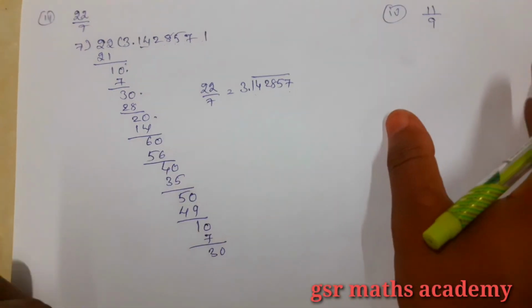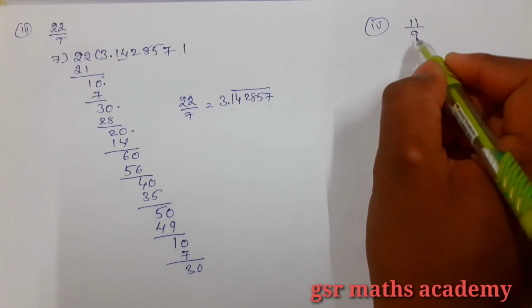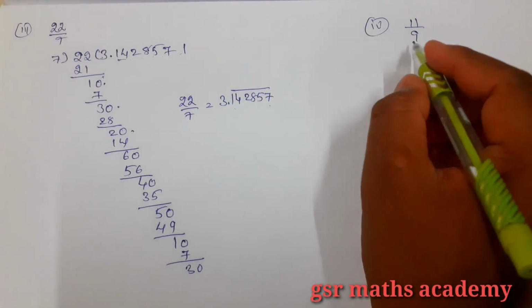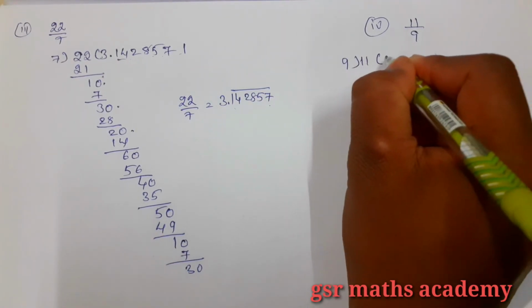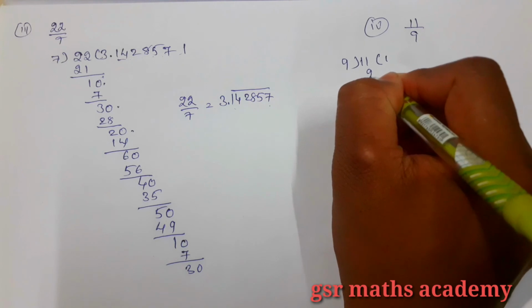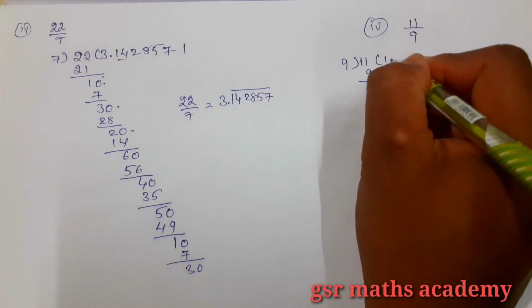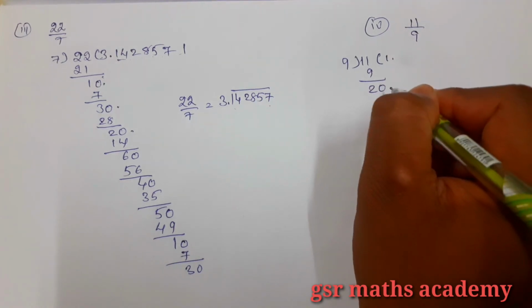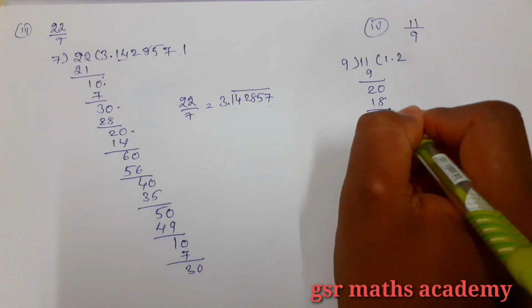And the fourth one we are given is 11 by 9. We need to convert this into decimal form. On dividing 11 by 9, 9 ones are 9, on subtracting it you are left with 2. So on taking the point you are allowed to take 0, and 9 twos are 18. Again you are left with 2.